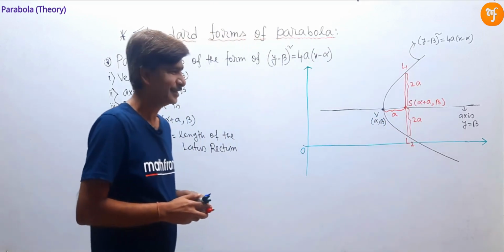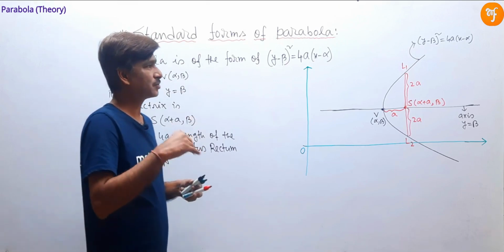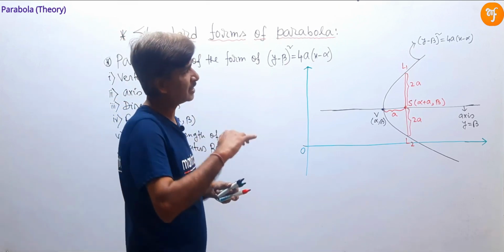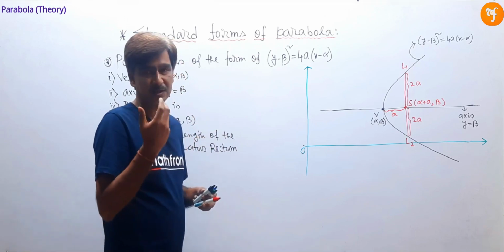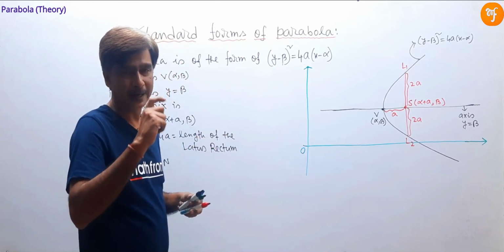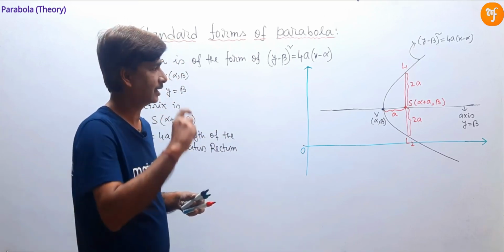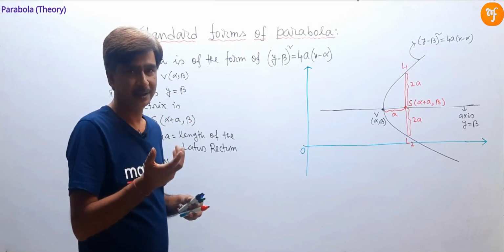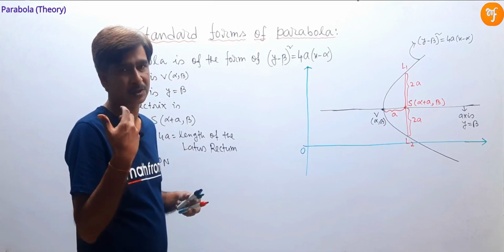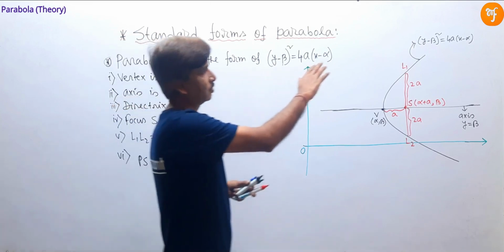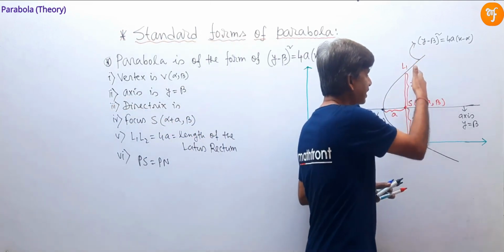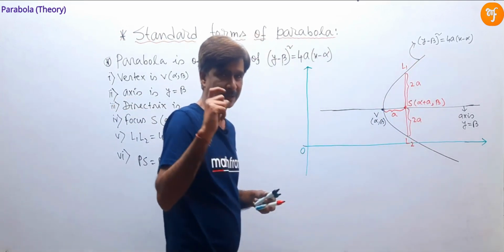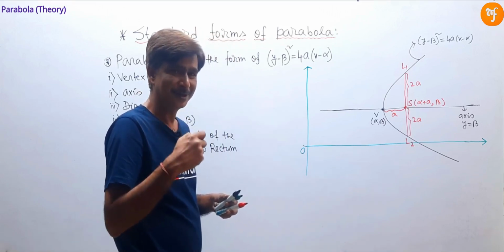Understand? Clear? So y square is equal to 4ax and y minus beta whole square is equal to 4a into x minus alpha have the same latus rectum length. The length of the latus rectum in each case of the parabola is 4a, that is, the lengths of the semi-latus rectums are 2a.